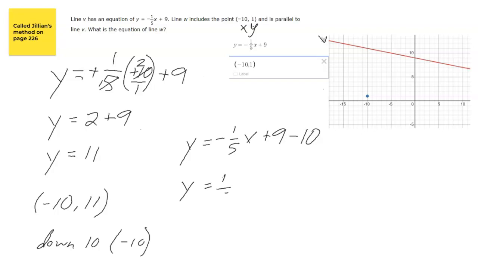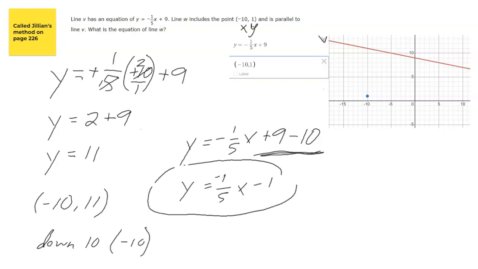So negative 1/5 x, and then we can combine like terms here because these are constants. That's the word for numbers without variables attached. So negative 10 plus 9 is negative 1. So this is the equation of line W, negative 1/5 x minus 1.